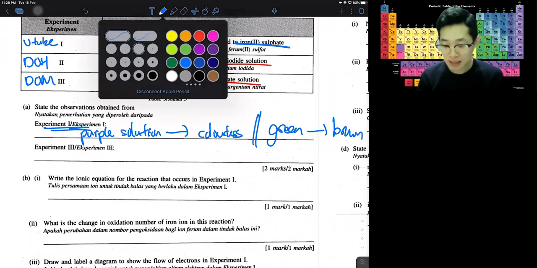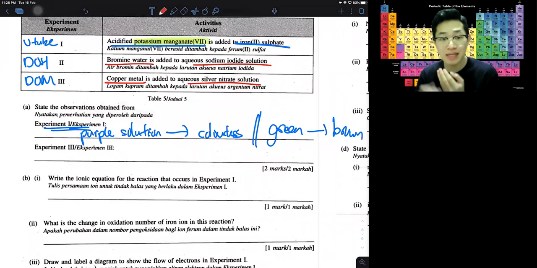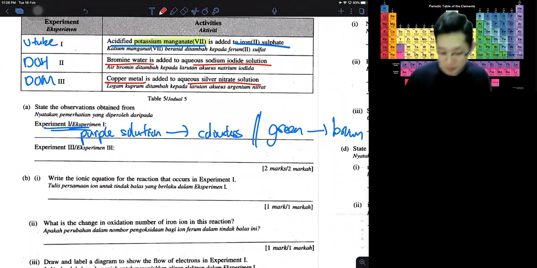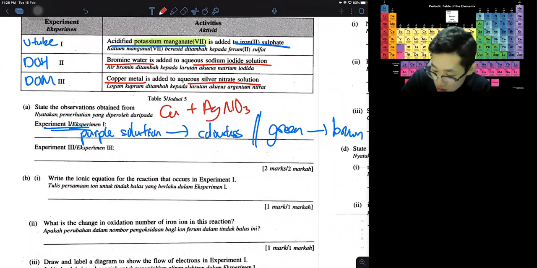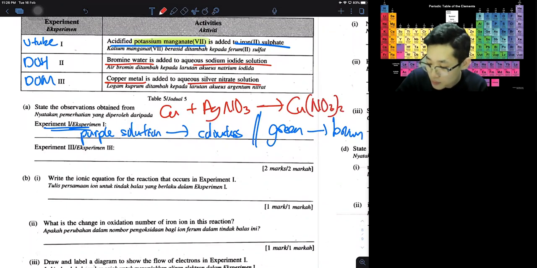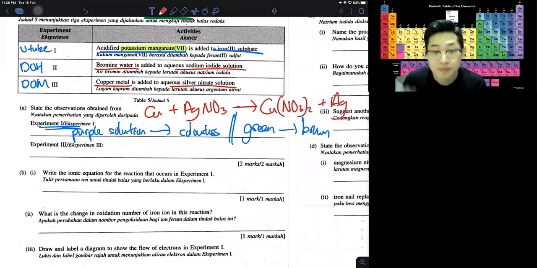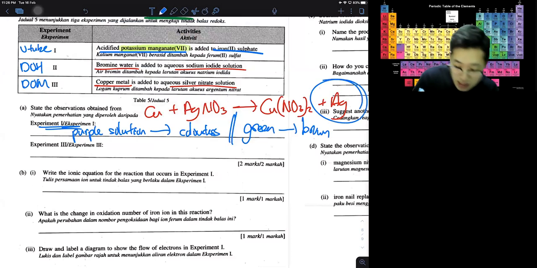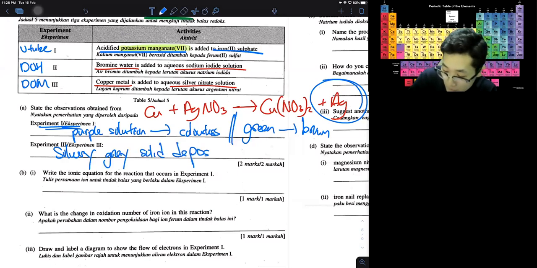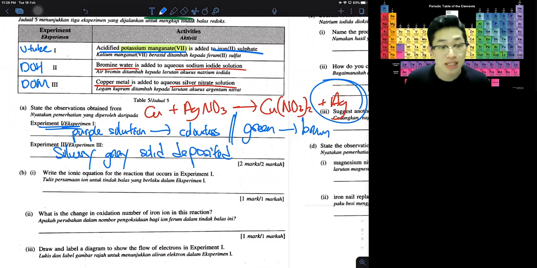Experiment 3. Displacement of metal. If you do not know how to get the observation, you can write the equation first. For example, Cu plus AgNO3 forms Cu(NO3)2 plus Ag. So what happens? You will see Ag, silvery gray solid deposited.